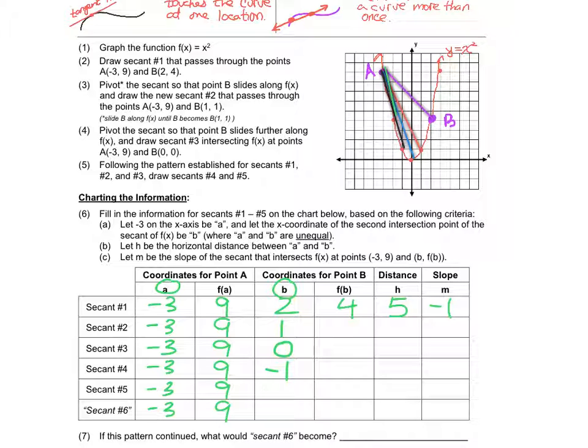So -1, -2, -3. The b value was at 4, then it became a 1, then a 0, then a 1, a 4, and a 9. So eventually in the last row, you had the a, f of a, the b, f of b being exactly the same coordinates. All right?